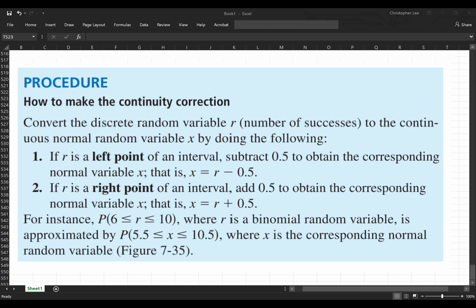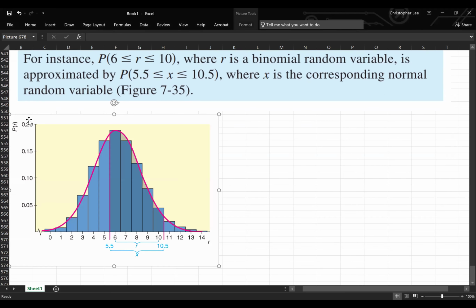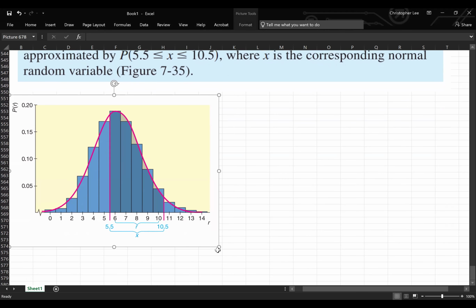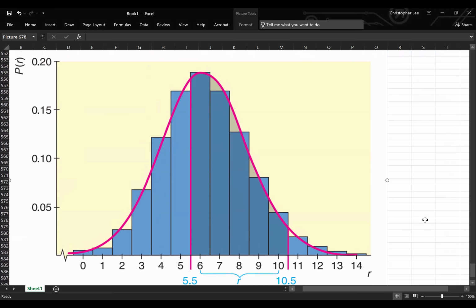And then let's look at the reason why real quick, using this example. So here we go. I have a binomial distribution I'm trying to approximate with a normal distribution. I want the probabilities from 6 to 10. I want 6, 7, 8, 9, 10. But I want to use the normal distribution to approximate the answer.